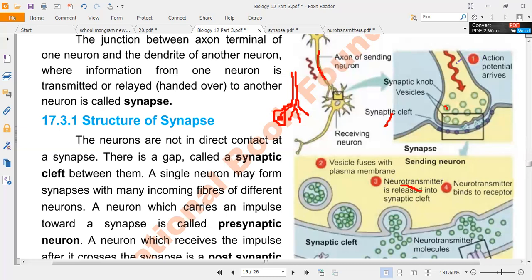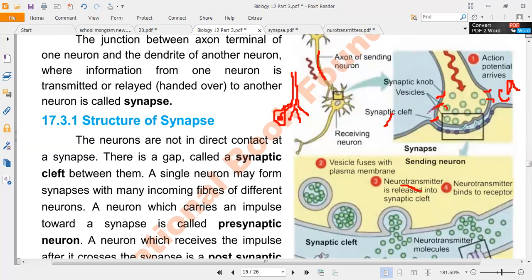So the first step is when the action potential arrives at this knob. What happens? Vesicles fuse with the plasma membrane. Dear students, in these knobs or terminals, the neurons have calcium gates. Calcium is very important here.